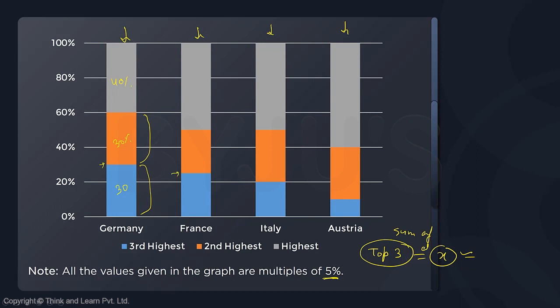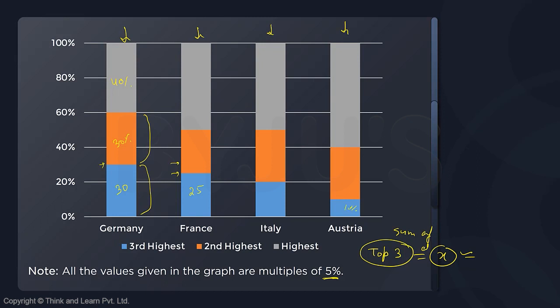And this is half of that also, correct? So we'll read this as 25, correct? And similarly, this is 10% and so forth.